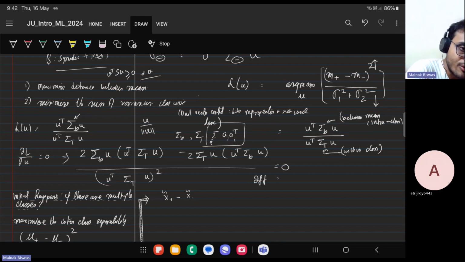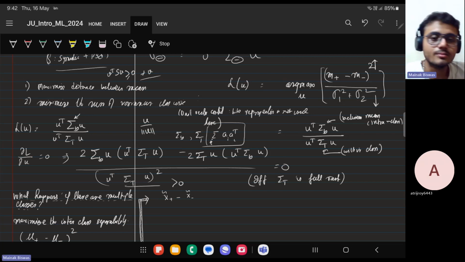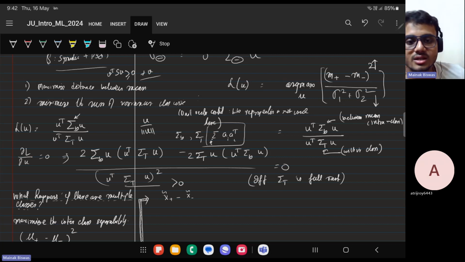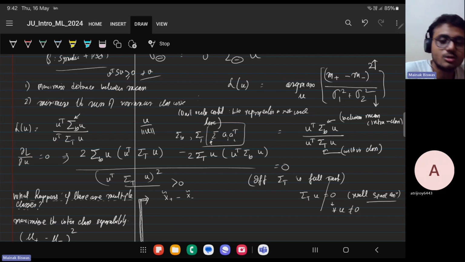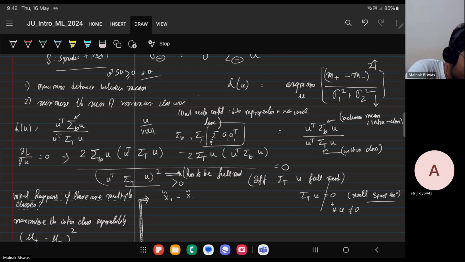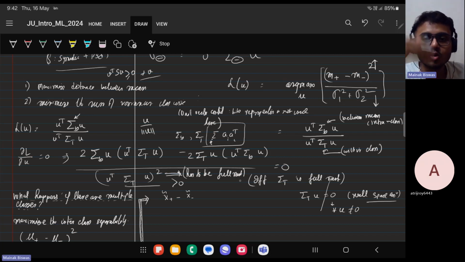If and only if sigma t is full rank, then this is greater than 0. This is positive. It has to be a positive definite matrix. Otherwise, you can have sigma t u equal to 0, a null space equation, right? This will not be equal to 0 for all u not equal to 0. There is no solution to the null space, which means it has to be full rank, right? Otherwise, it will go to infinity.